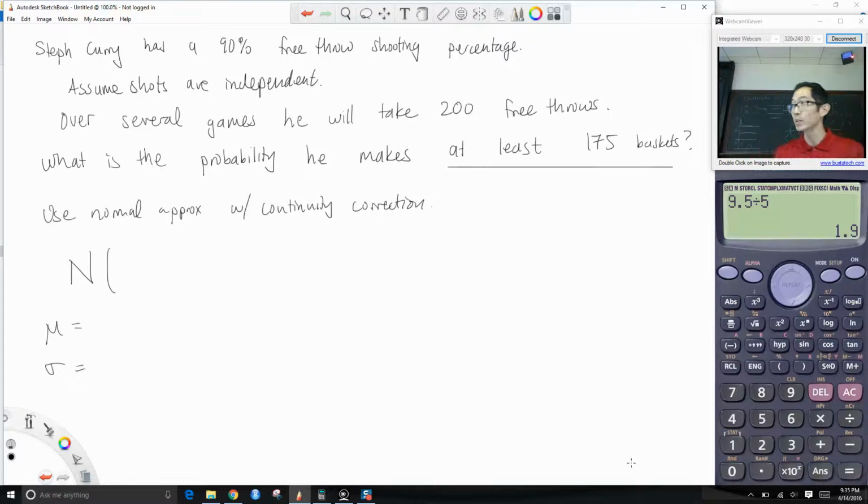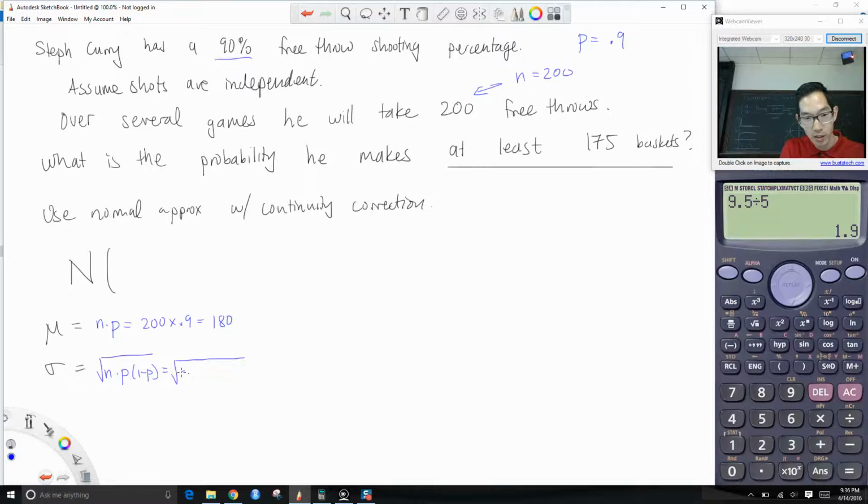Okay, so we've got a binomial distribution, right? We're taking 200 free throws, so our n is 200. It says a 90% free throw shooting percentage, so p will be 0.9. Our mu will be n times p, 200 times 0.9, so we get a mu of 180, and our sigma will be the square root of n times p times 1 minus p.